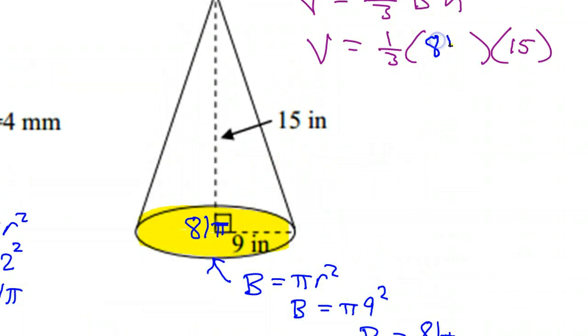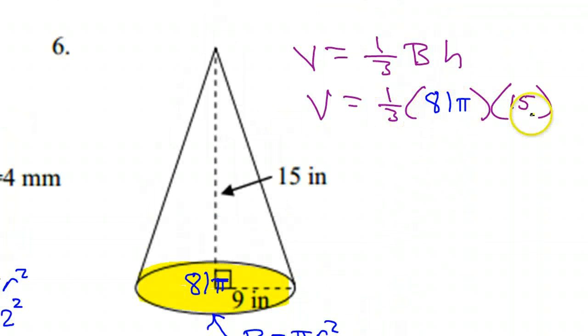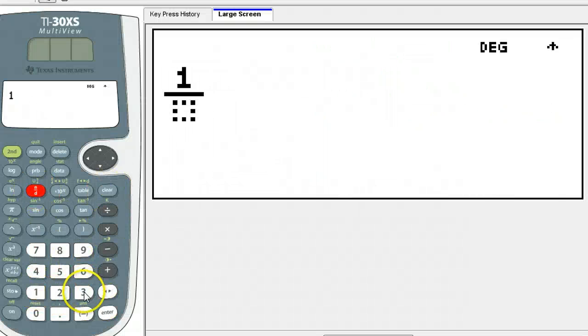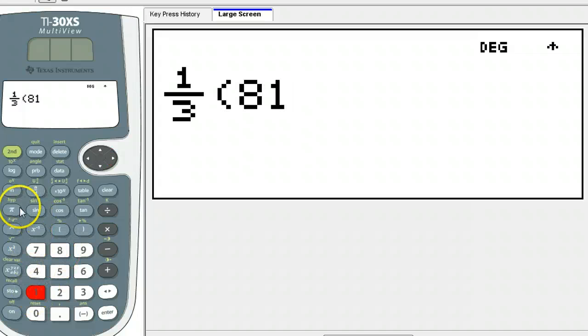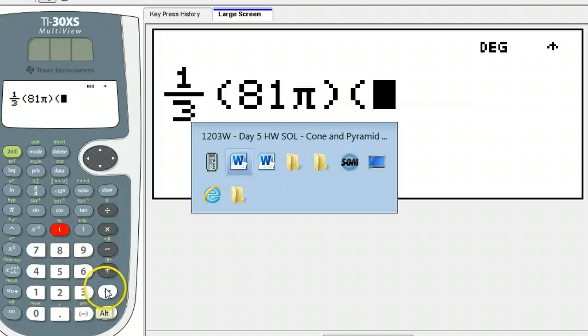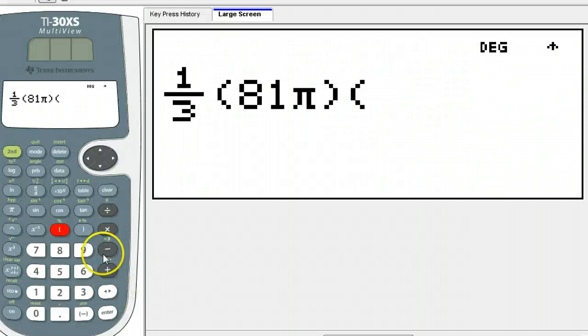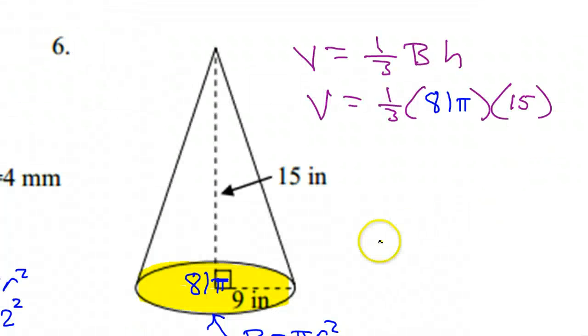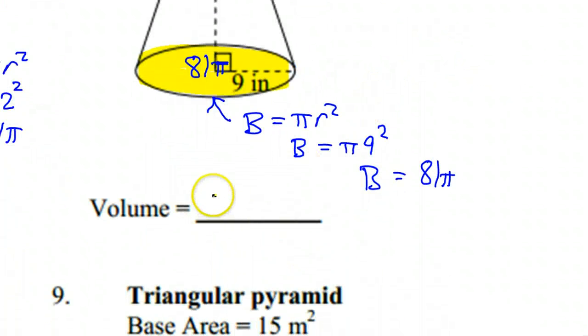So that goes right here: 1/3, area of the base 81 pi, times height. I forgot what the height was, 15. 405 pi is the exact answer.